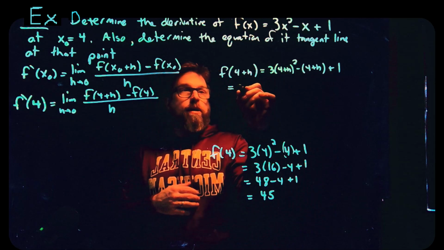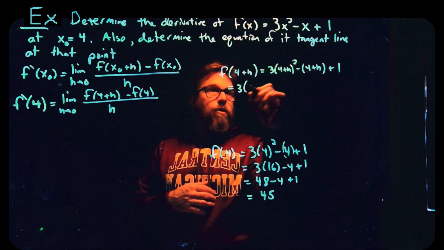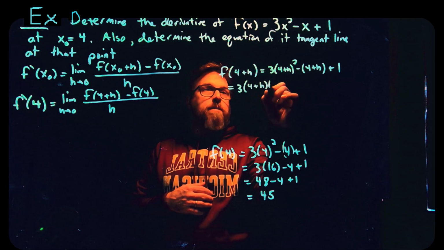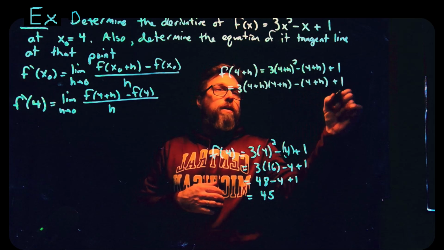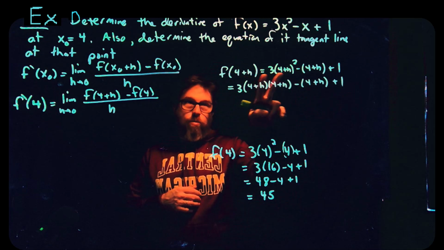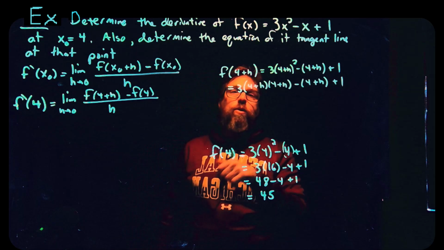So similarly, 3 times, careful when you're squaring, this is 4 plus h times 4 plus h, minus your 4 plus h, plus 1. So, like I said, be careful. Don't distribute squares over addition. You actually have to FOIL. You have to multiply this thing.